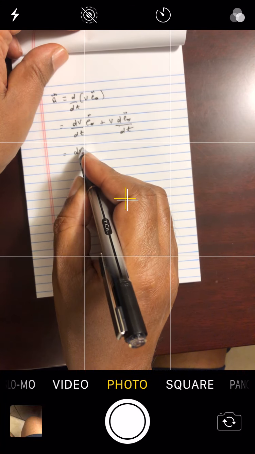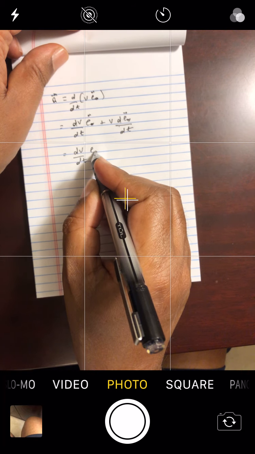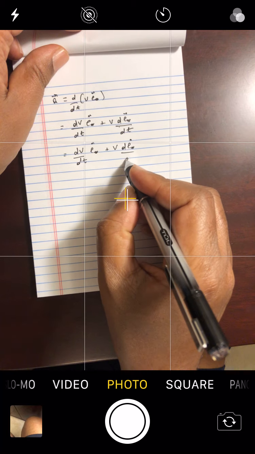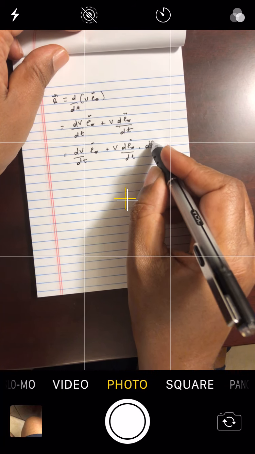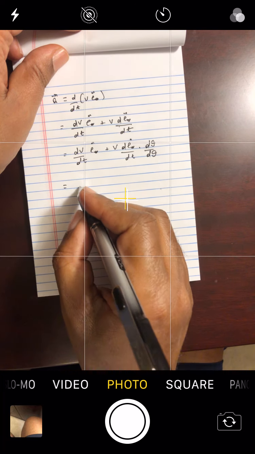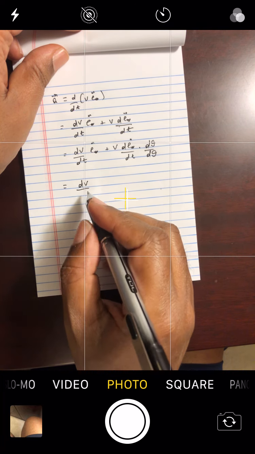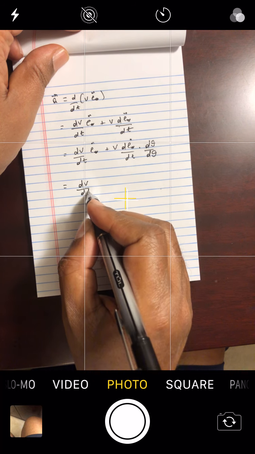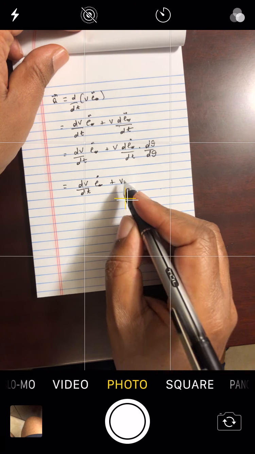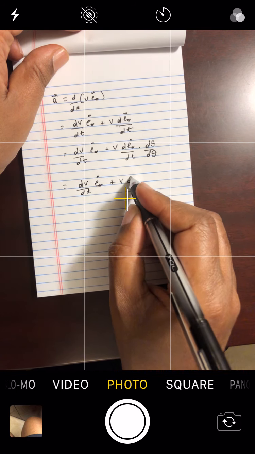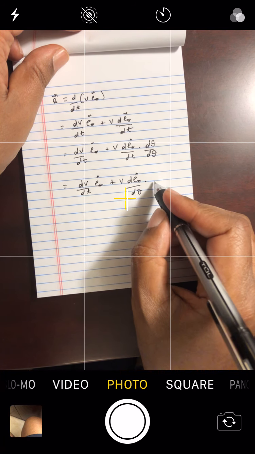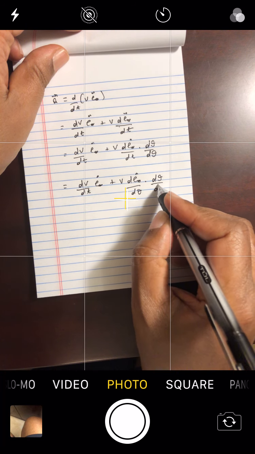So we've got dv by dt in the direction of e theta plus v d theta by dt, and then I multiply by d theta over d theta. That gives the derivative of the magnitude of the velocity with respect to time in the direction of e theta, and then I can move this around: the derivative of e theta with respect to theta, and then d theta with respect to dt.